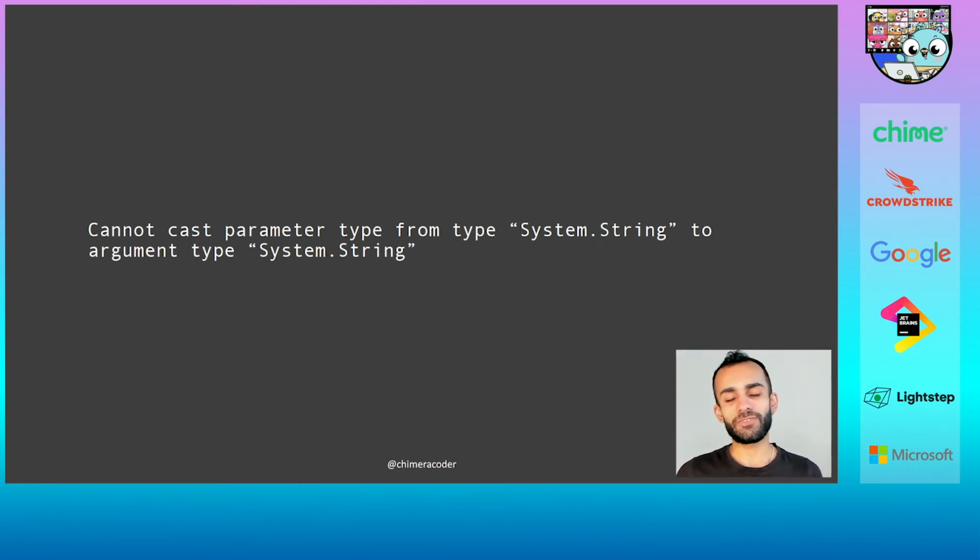This one right here is one of my favorites from Java. Cannot cast parameter type system.string to argument type system.string. And I love this example because even as someone who speaks English as a first language and knows a little bit of Java, unless you're very intimately familiar with Java error messages, you still can't really look at that and understand what it's trying to say.